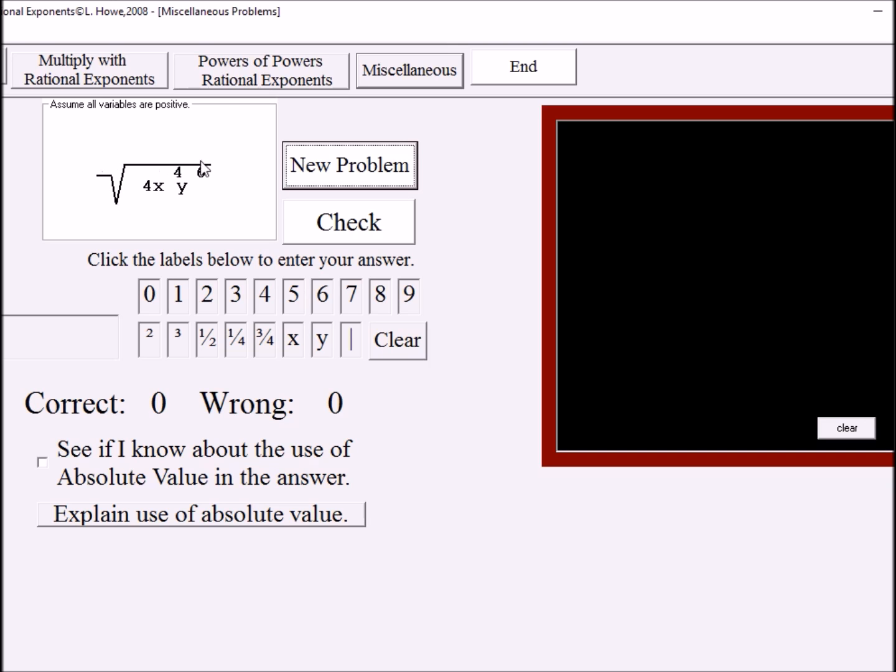So we want to take the second root. So out would come, let's see, we have 4x to the 4th, y to the 6th, and this is an understood square root, or second root. So 4 coming out would be 2. This is the same as 4 to the 1/2 power, so this is going to be x to the 2nd.